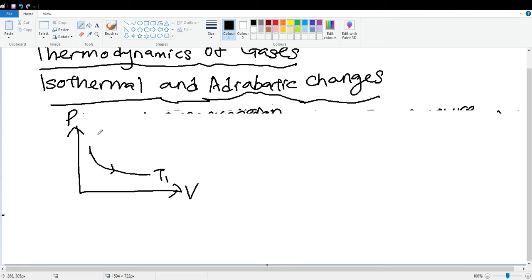As for T2, the expansion process will be higher, because my T2 is bigger than T1. So this will be my volume for both different temperatures, and my work done is the area under the graph.